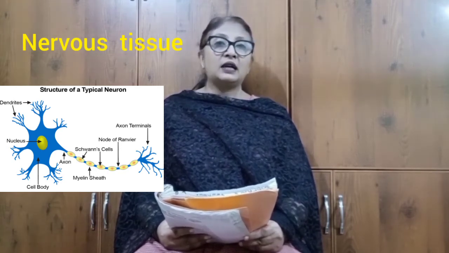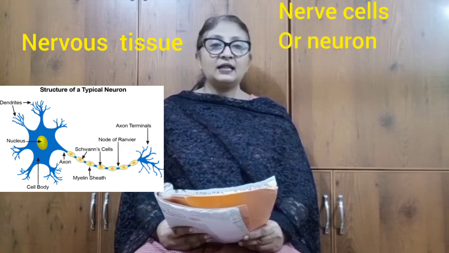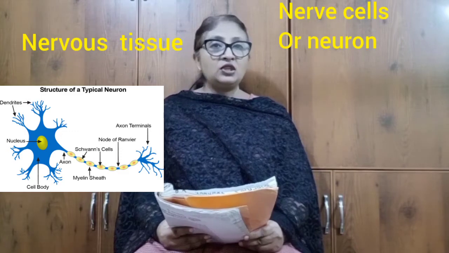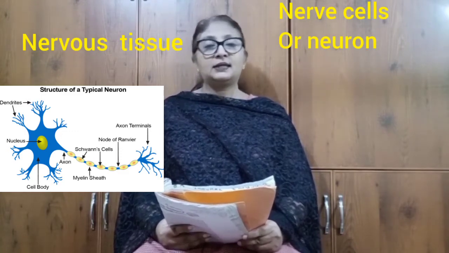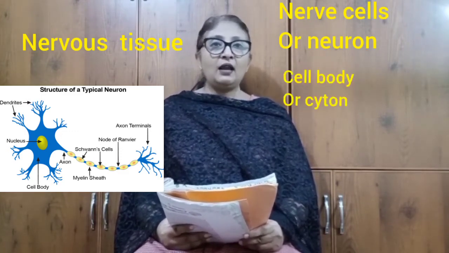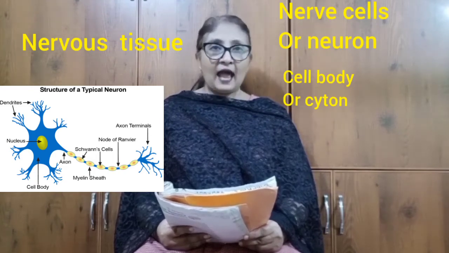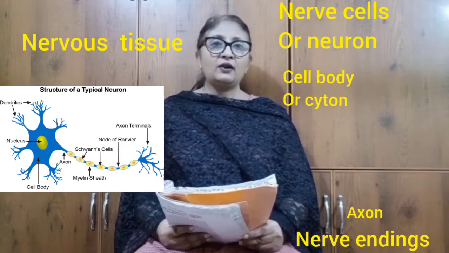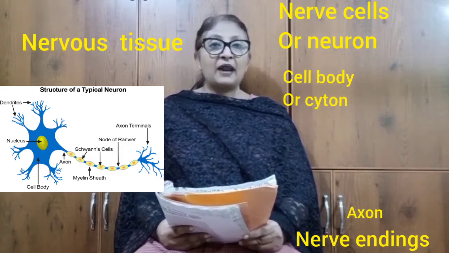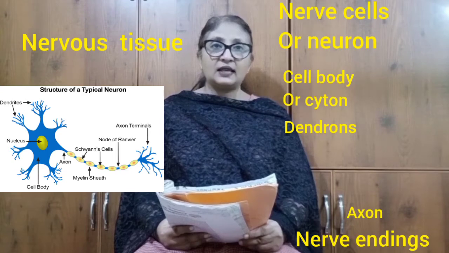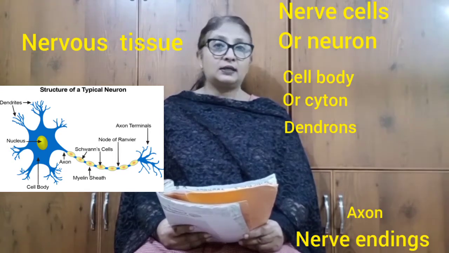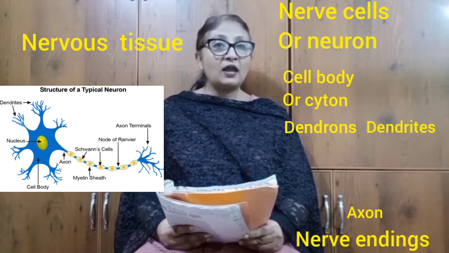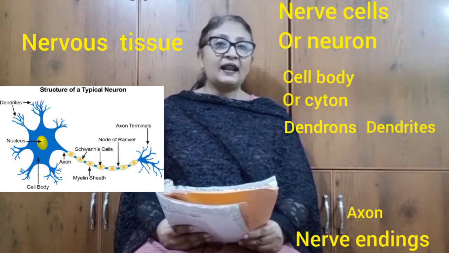Nervous tissue consists of nerve cells, which are otherwise known as neurons. Each neuron consists of three parts, that is the cell body or cyton, the axon and the nerve endings. The cell body or cyton is branched, and these branches are known as dendrons, and these dendrons are further divided into smaller branches known as dendrites.